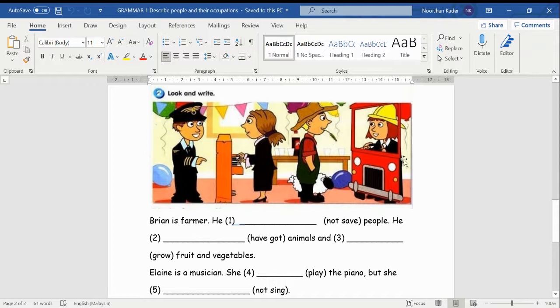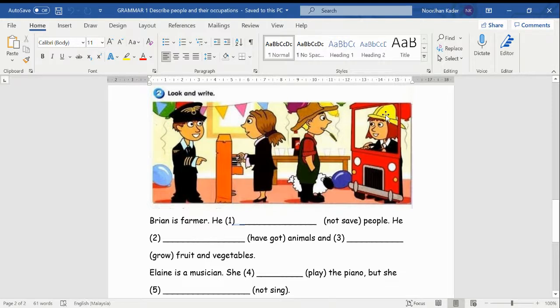Okay. Then this one, we do not know what her occupation is, but she's wearing a helmet. She's driving something like, I don't know, maybe a van or a lorry, but it's not very clear, but it is red in color.